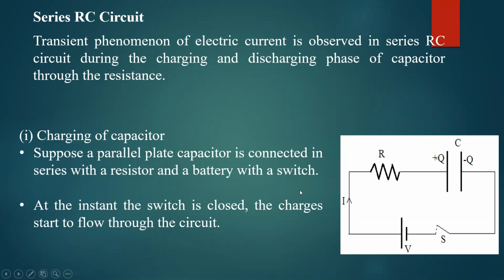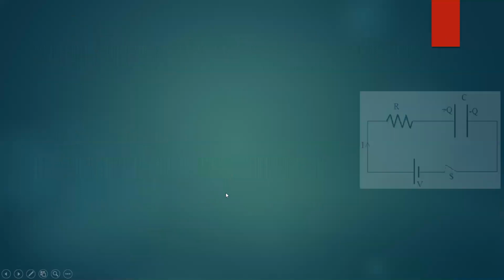Okay, now we have to find out what is the instantaneous charge on the capacitor. At any time t, what is the charge on the capacitor? We have to find out. That is our aim. We have to find the expression for q as a function of time. Okay, let us do that.